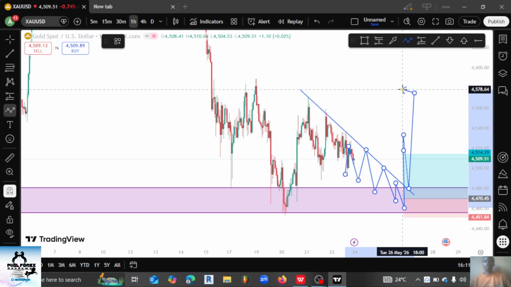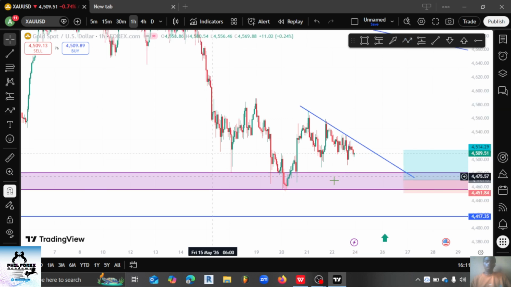Remember that from the daily, this place has not been broken. Until it breaks it, that's when we are sure that the market will continue going downwards.